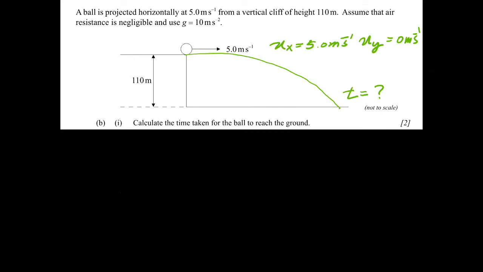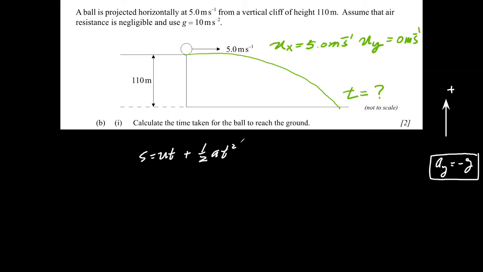Calculate the time taken for the ball to reach the ground. Time is determined by the y component. Let us choose upward as the positive reference. Then acceleration due to gravity in the y component equals minus g, as acceleration due to gravity is always downward. So displacement formula: s equals ut plus 1 over 2 at squared.